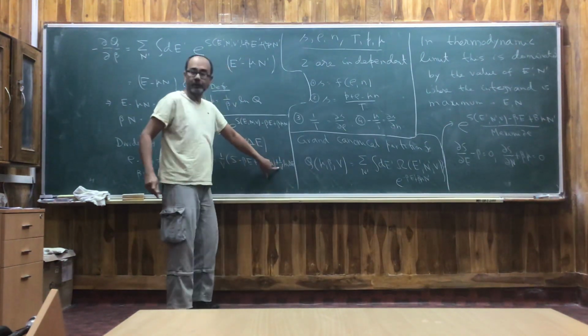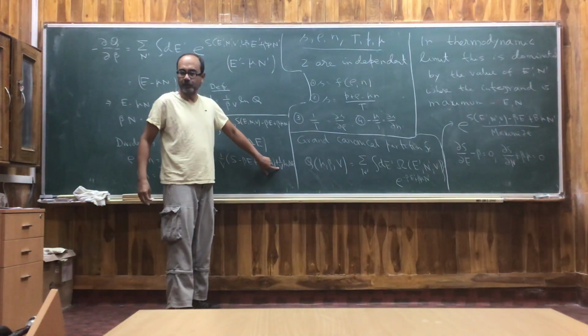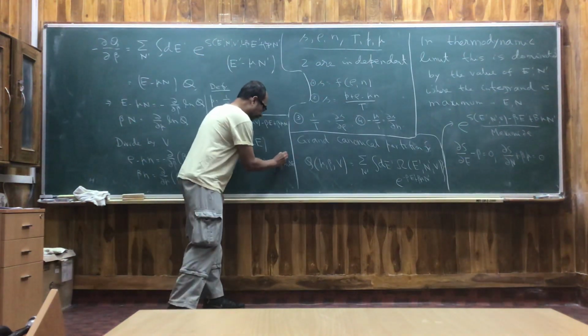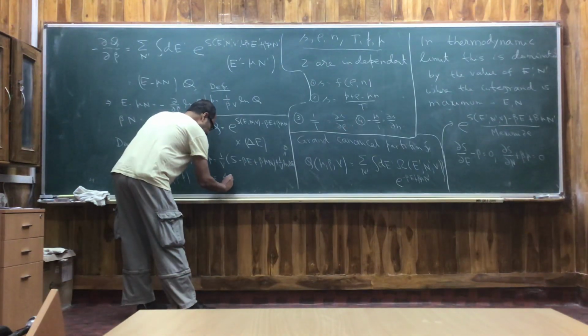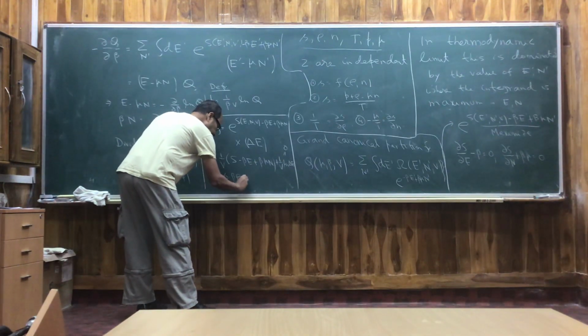The thermodynamic limit is V goes to infinity, so this I can set equal to 0. So this gives you S minus beta E plus beta mu N.